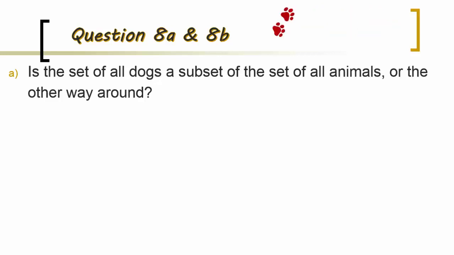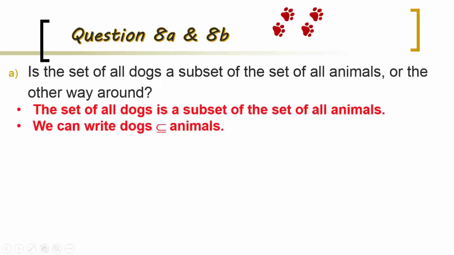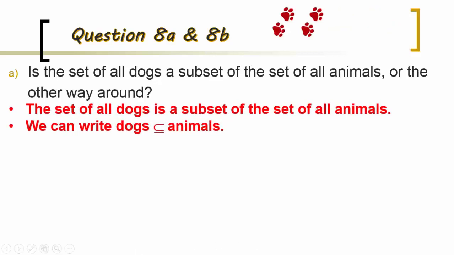So we can conclude that all dogs are a subset of all animals, but not vice versa. So here it is. We can write dogs are a subset of animals.